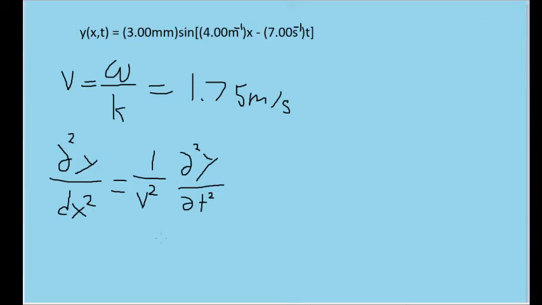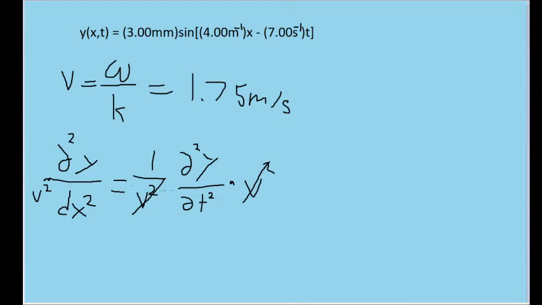Because we're looking for the speed of the wave, which is represented by v, let's isolate v. So let's multiply both sides of this equation by v squared. That way we'll be able to cancel it out of the right side here and get it into the numerator of the left side, even though I mistakenly wrote this close to the denominator.